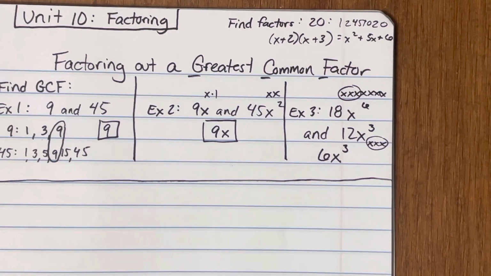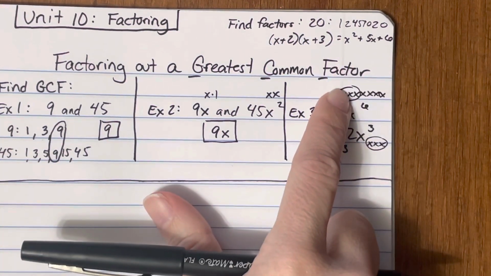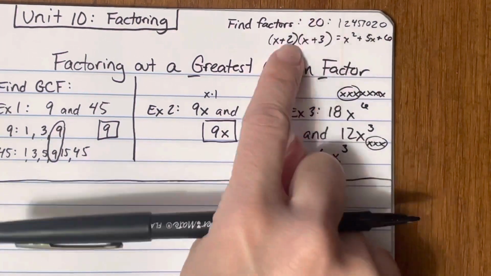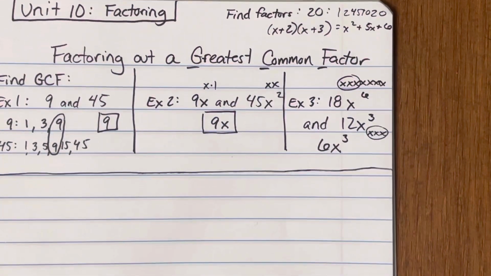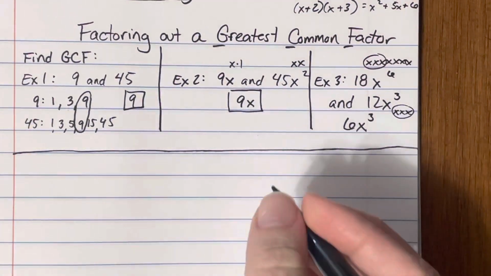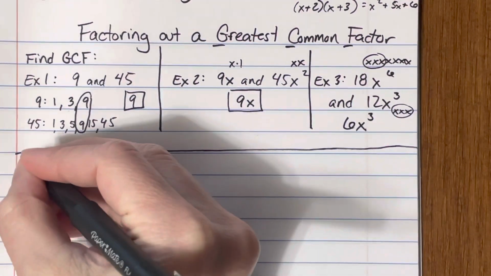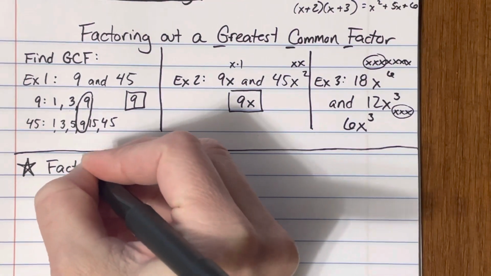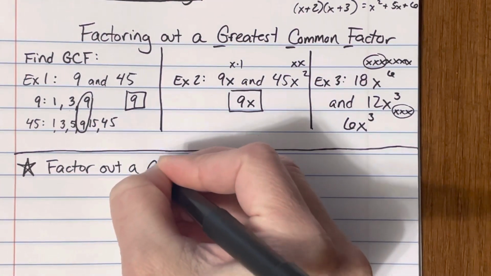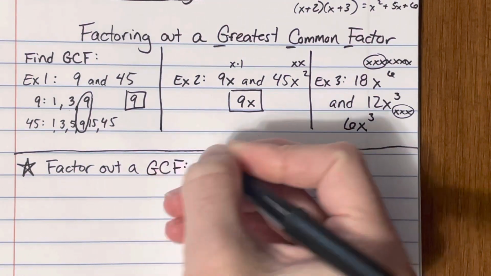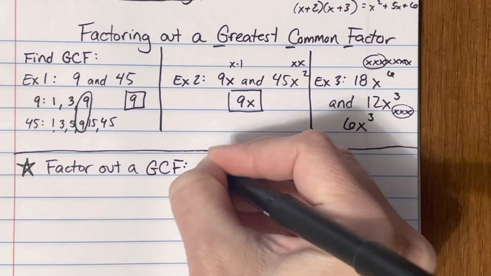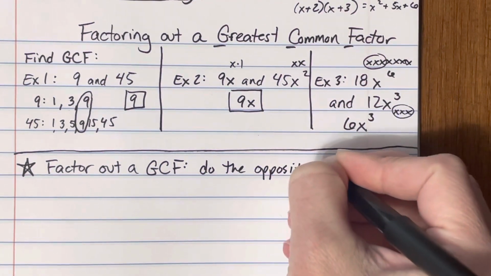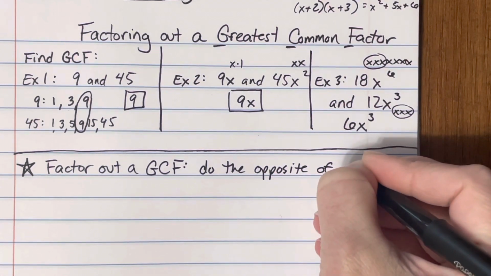Now, how does that help us actually factor something? To start with a polynomial, like we said here, and actually work backwards to find out what did we multiply together to get that. And so what we mean by factoring out a greatest common factor, and this is sort of the definition of this, when you're asked to factor out a GCF, a greatest common factor, what we mean is basically do the opposite of the distributive property.